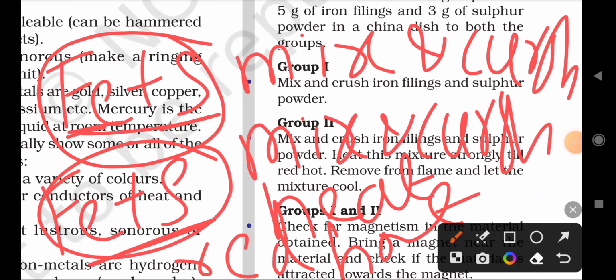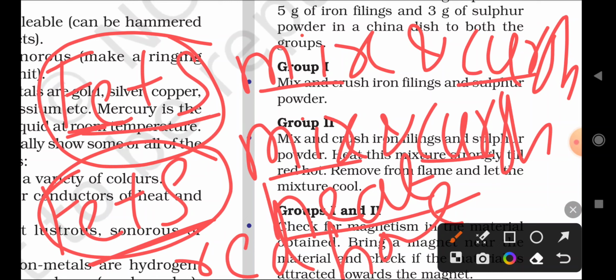So both groups make a mixture and crush it, but the second group does an extra step of heating the iron filings plus sulfur powder until it becomes red hot.